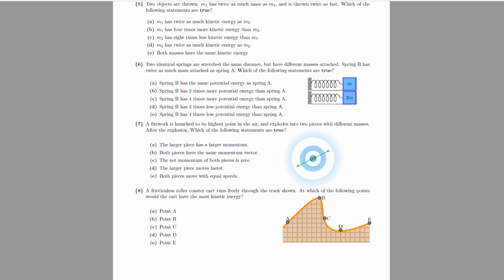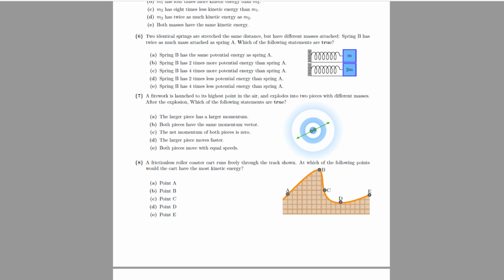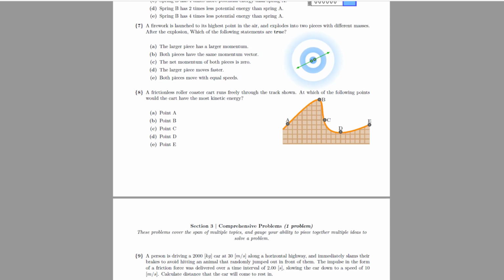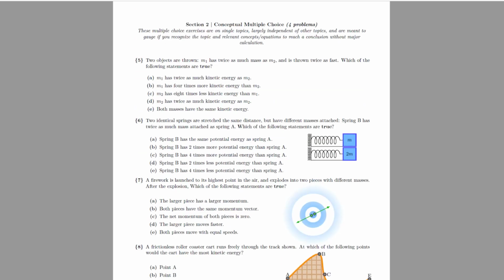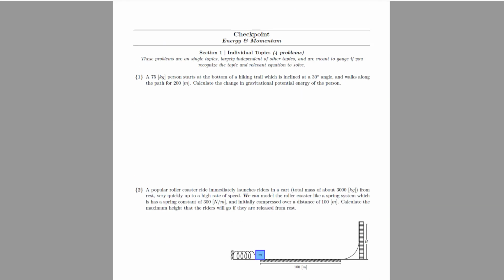It's just to make sure that you understand what's happening conceptually, so you piece together the correct concept or equation that belongs with what's happening and analyze it conceptually. It's not really meant to be calculated out. And then the last section, which I only made one problem for, is a comprehensive problem. It combines concepts across both chapters, in this case 8 and 9. So we'll take a look at all this.